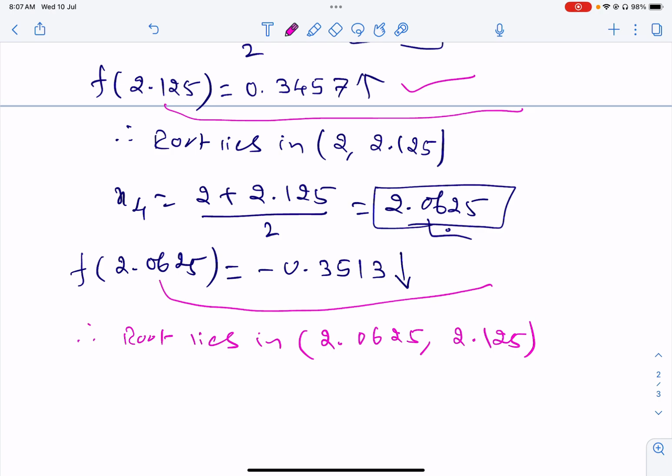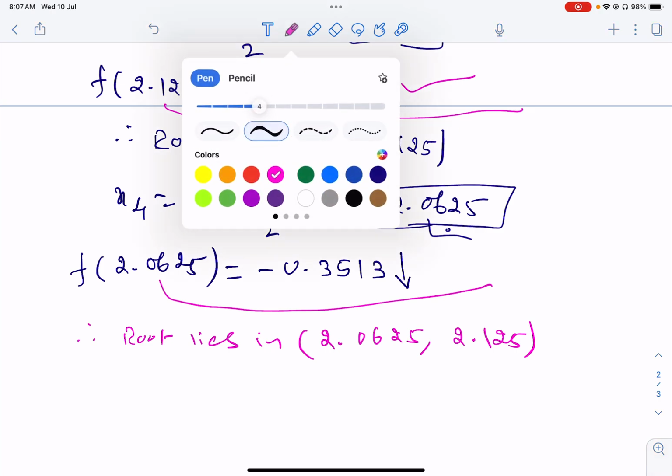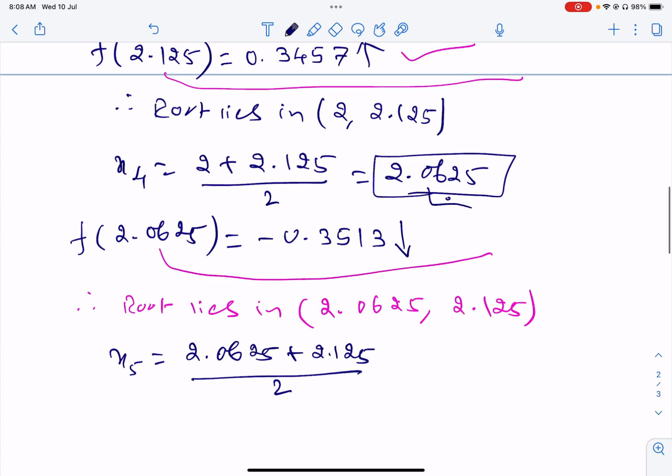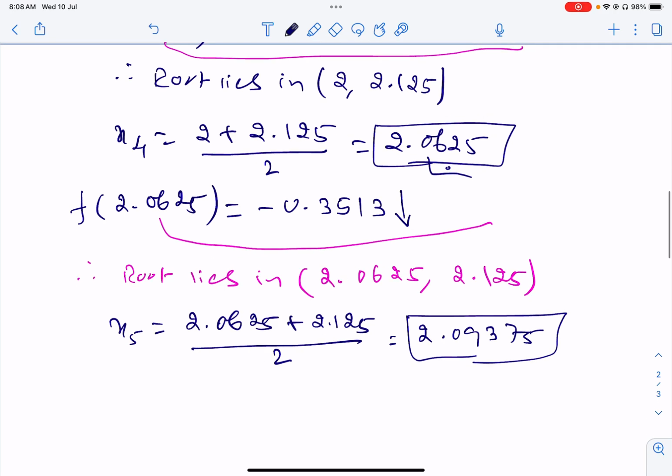Now the next step is again the midpoint: 2.0625 plus 2.125 divided by 2. You can use the calculator also. That is 2.09375. So we are refining our answer with approximate values.